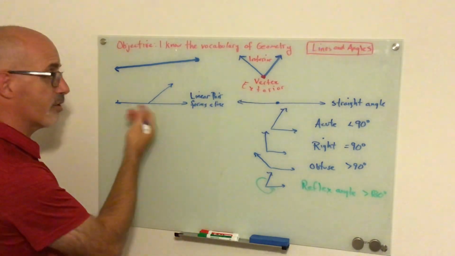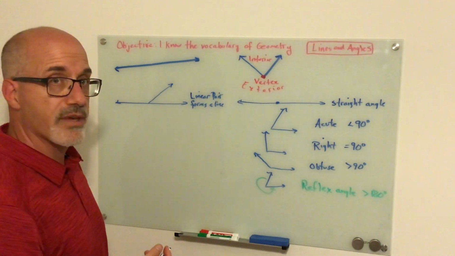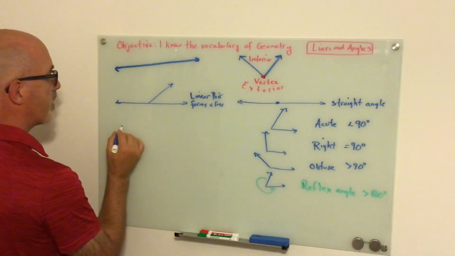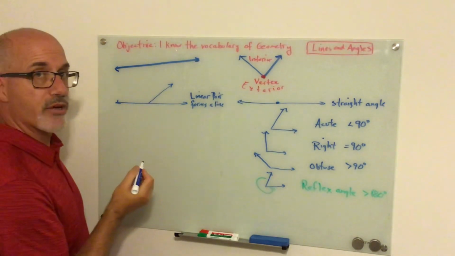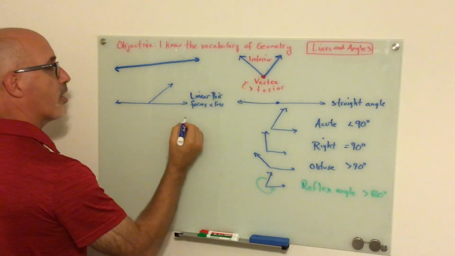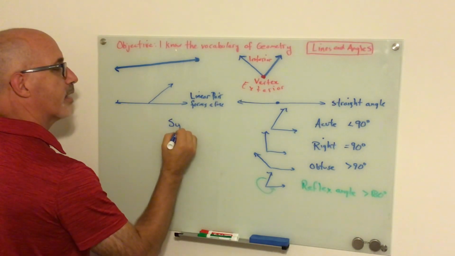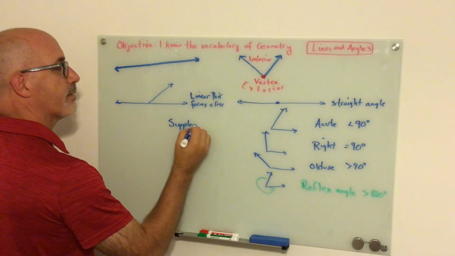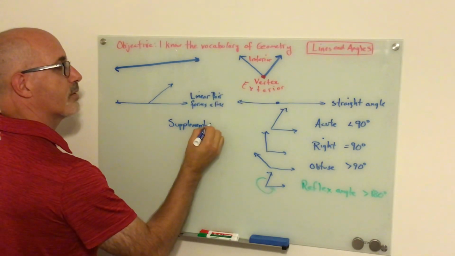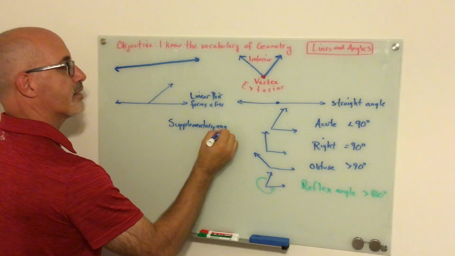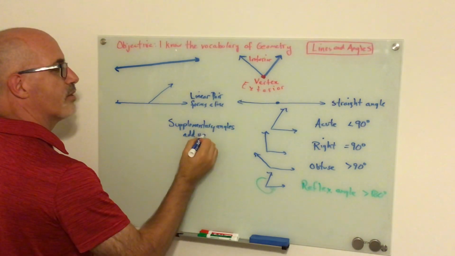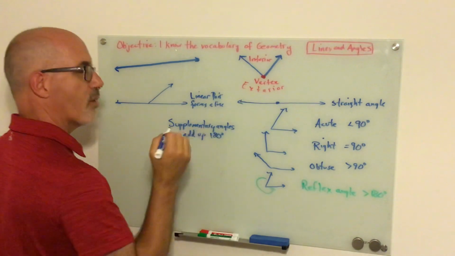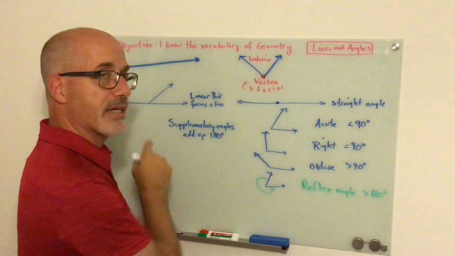Now, another thing we do when we talk about these types of angles is that when we have two angles that add up to 180 degrees, we call them supplementary. Supplementary angles add up to 180 degrees. Now, they don't have to be a linear pair.